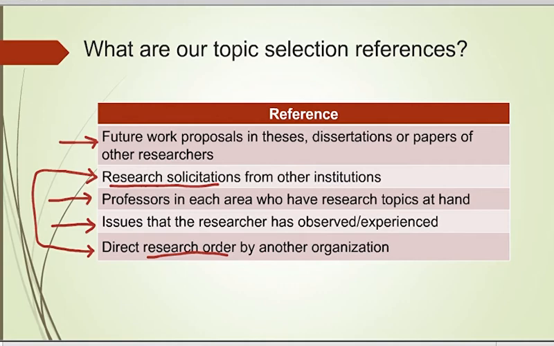What is a research solicitation? A company publishes a number of research areas that they need people to research in. Solicitation means asking people whether they can do that or not.